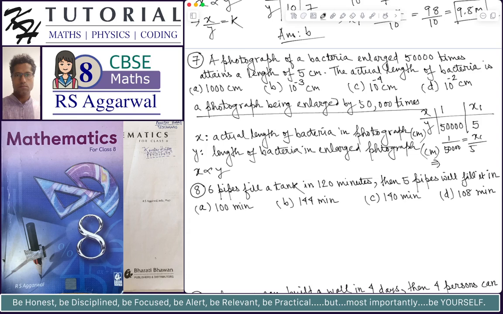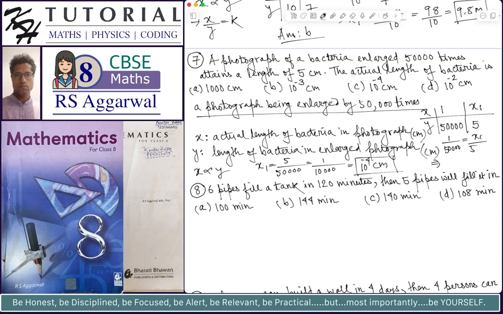So this implies x1 is equal to 5 by 50,000, which is equal to 1 by 10,000 centimeter, which is 10 to the power minus 4 centimeter.